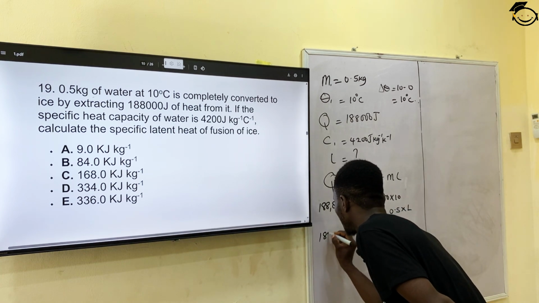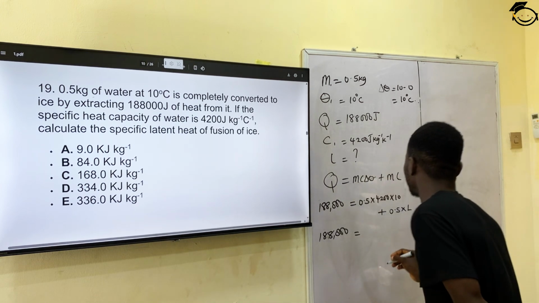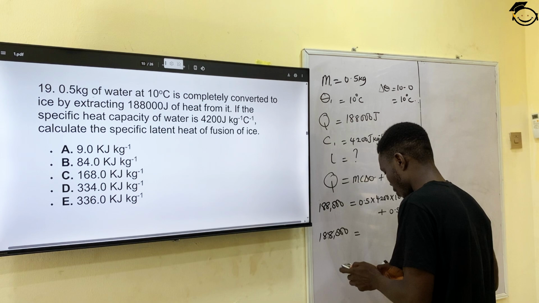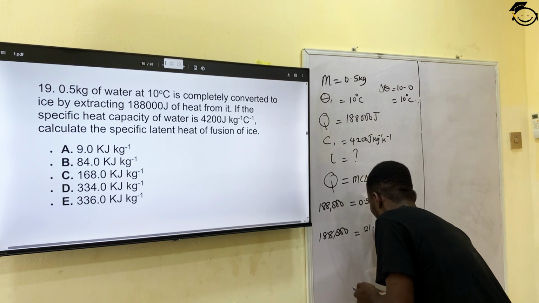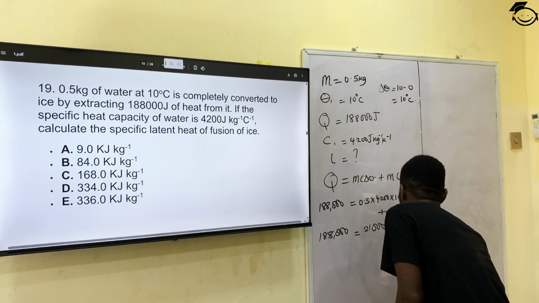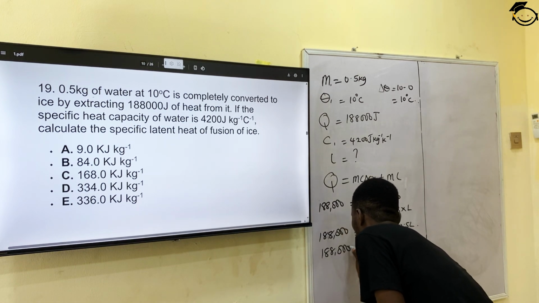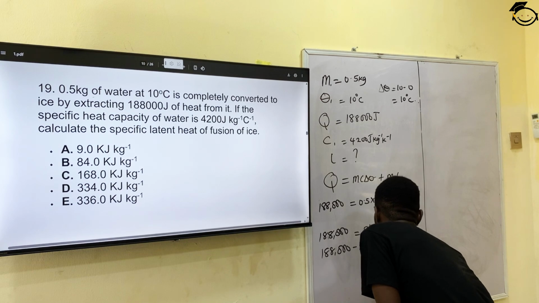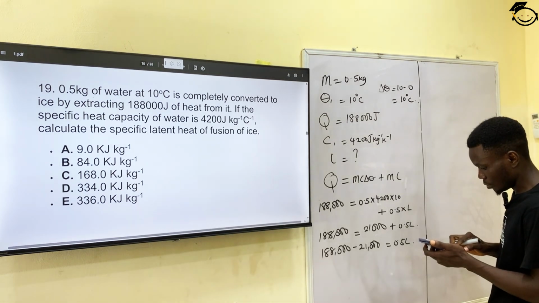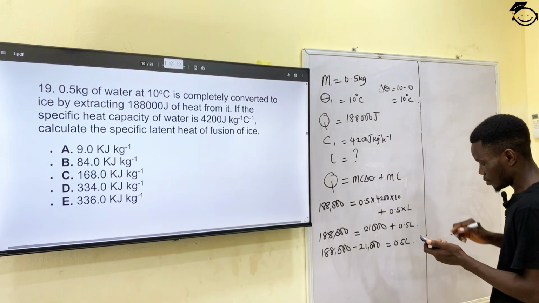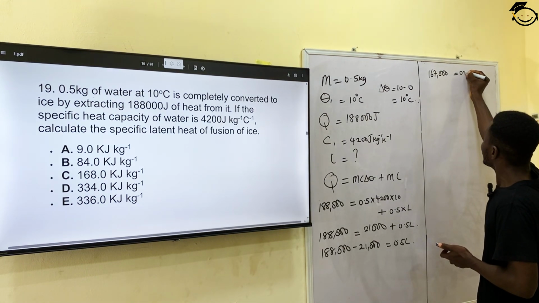So this will give me 188,000 is equal to 21,000 plus 0.5 L. So if I subtract, I have 188,000 minus 21,000 is equal to 0.5 L. So I have 167,000 to be equal to 0.5 L.